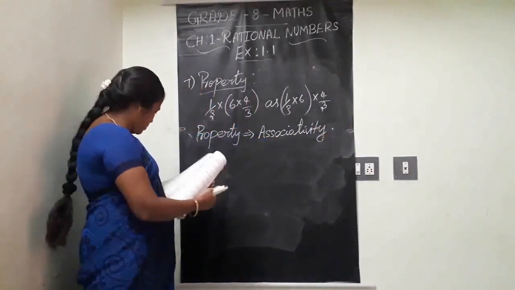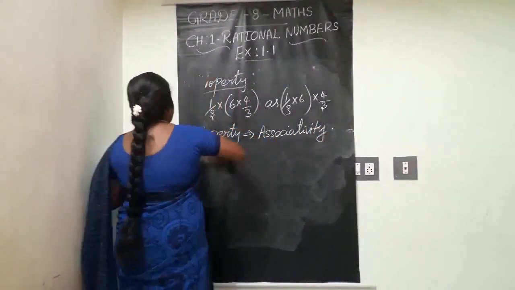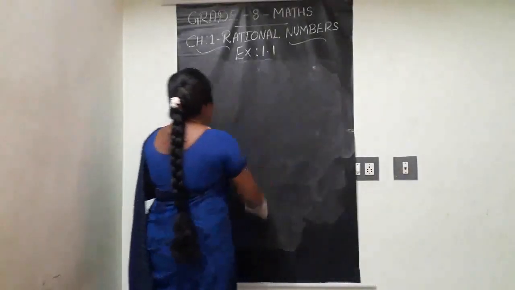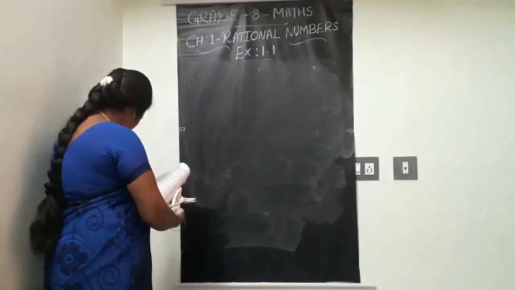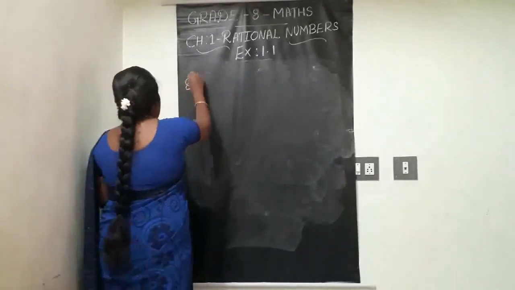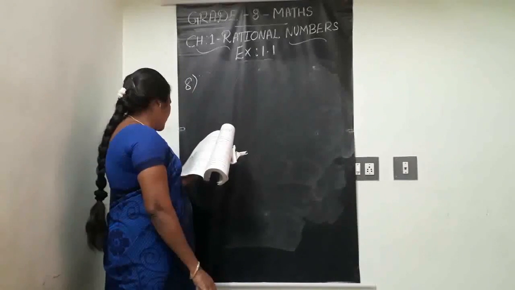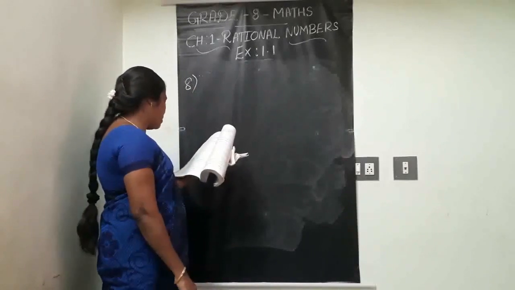Clear? Next, 8th section. Is 8 by 9 the multiplicative inverse of minus 1 by 8? Why or why not?